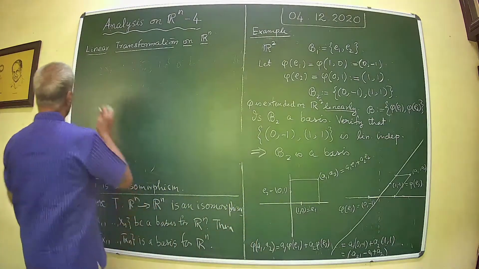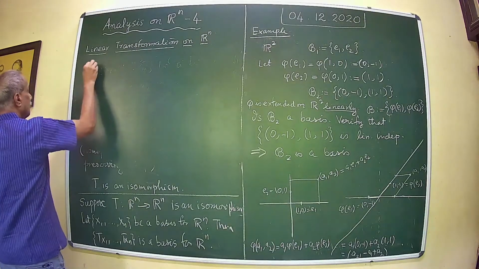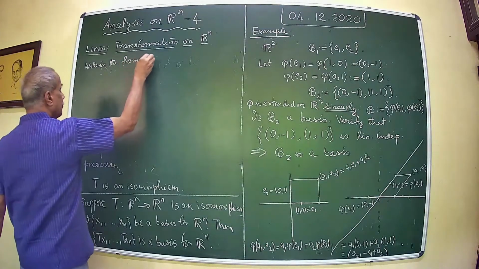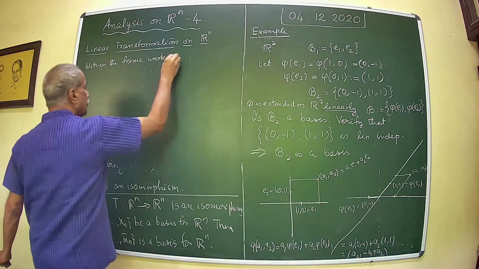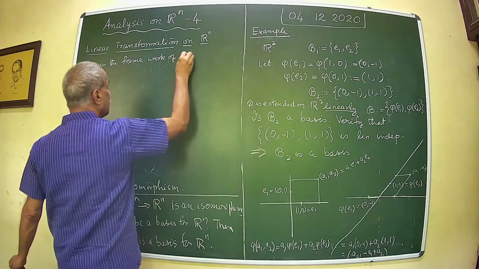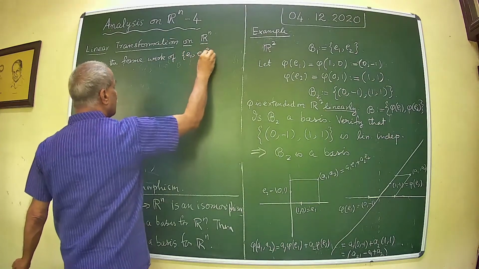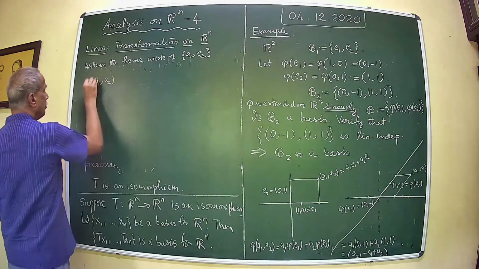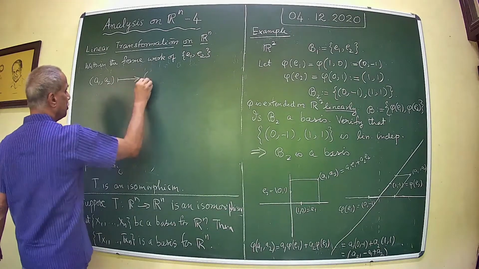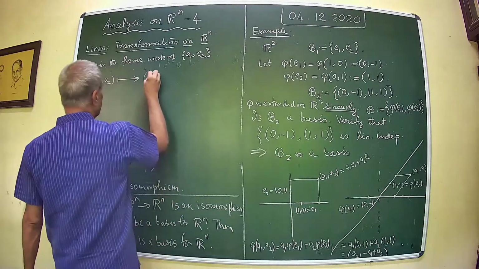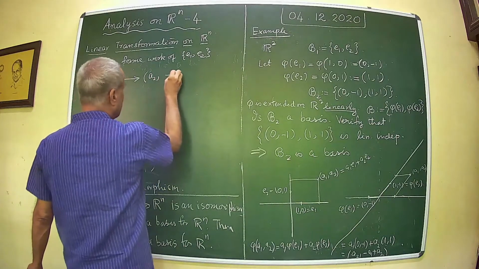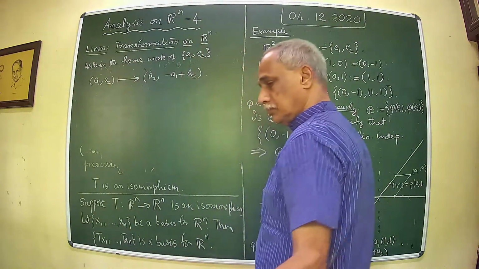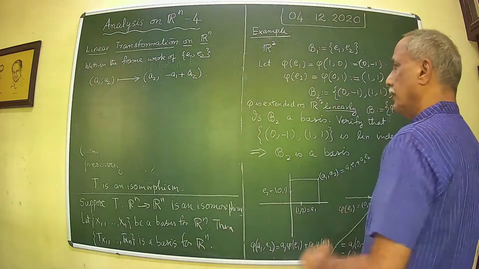Within the framework of E1, E2, you see that (A1, A2) gets mapped to this, which will be identified by this point.